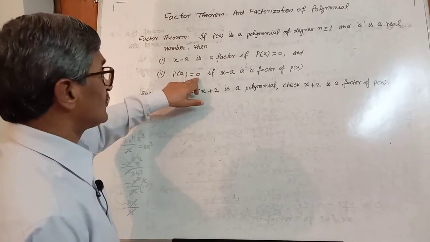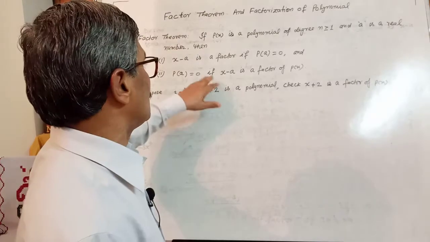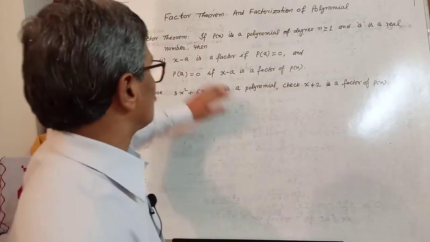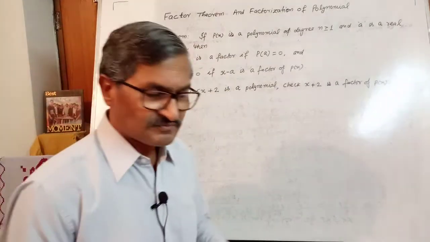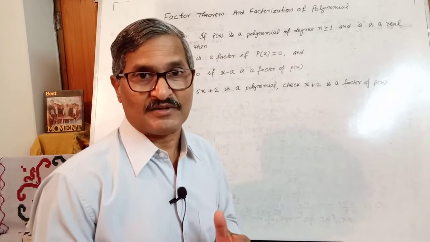p(a) is equal to 0. If we get p(a) equal to 0, then x minus a is a factor of p(x). These two-way statements are given because questions will be of two types.